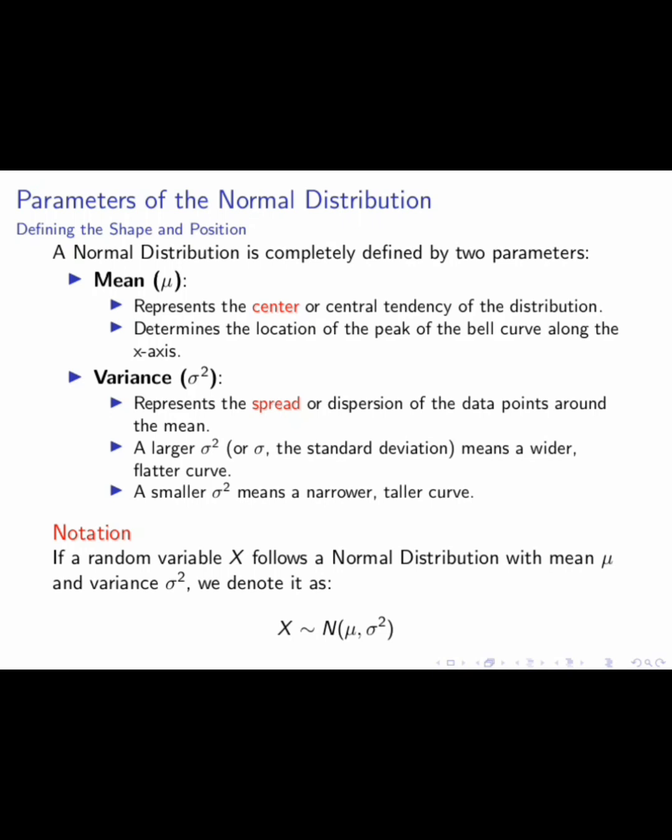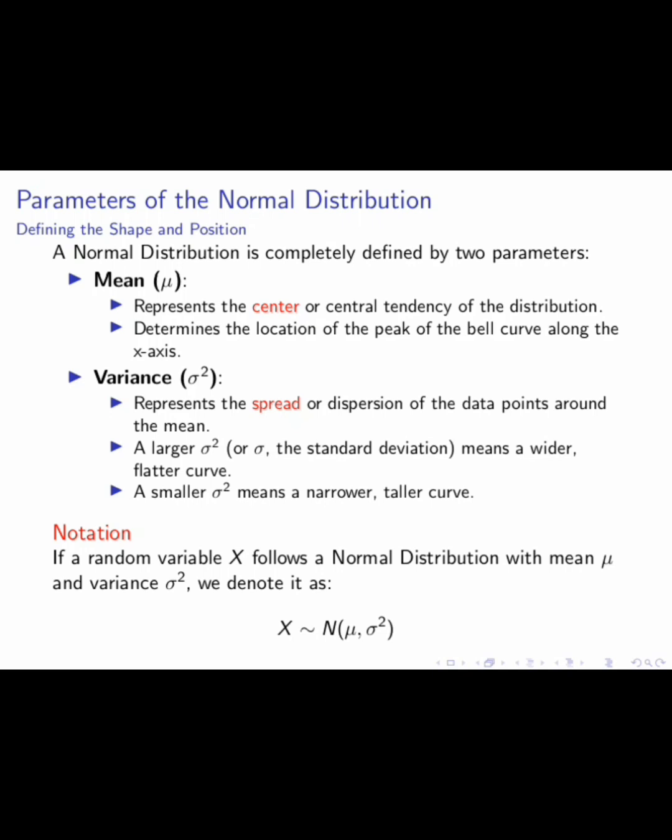I repeat, X is normally distributed with the mean and the variance. So the mean represents the center, while the variance represents the spread. A smaller variance means the shape of the graph is going to be very narrow, but the curve will be taller.